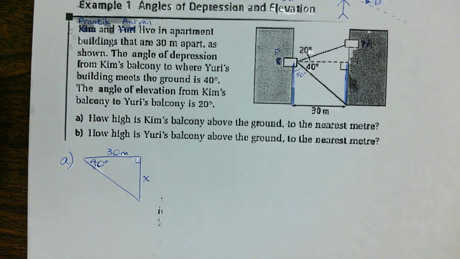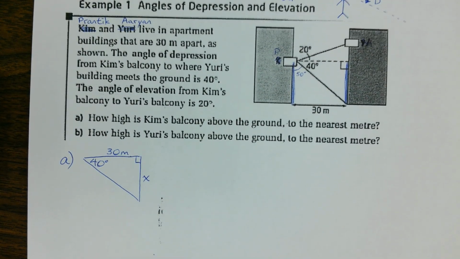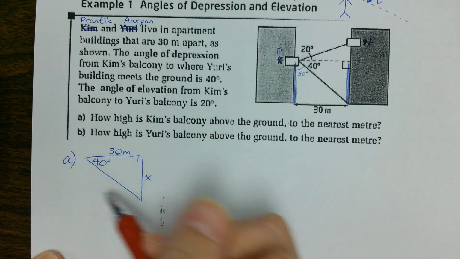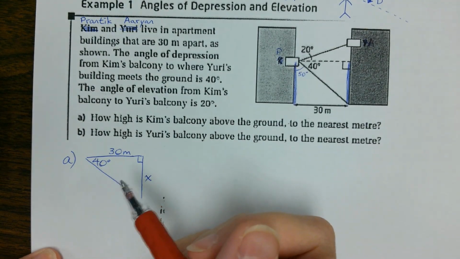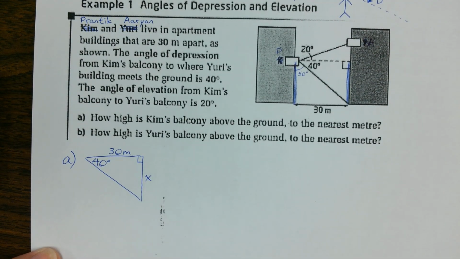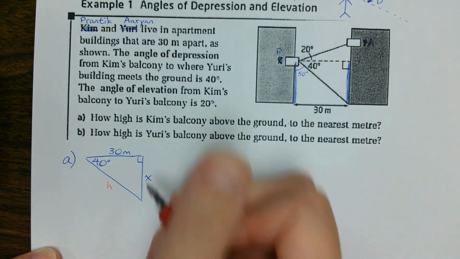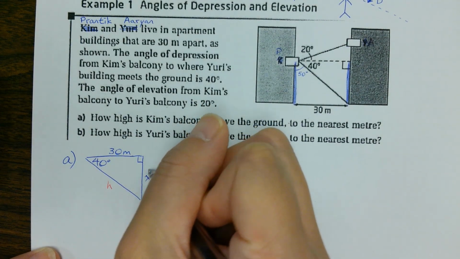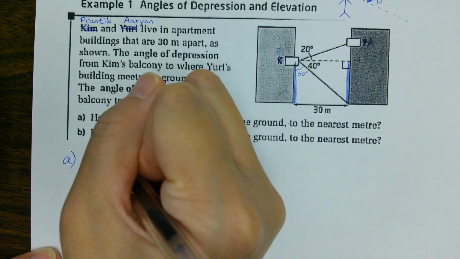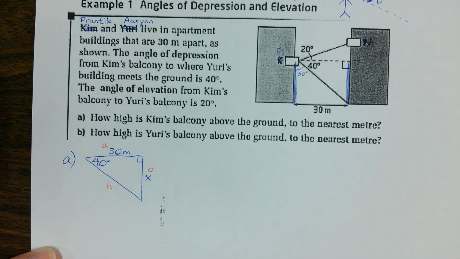So what's the first step in solving anything using SOHCAHTOA? What do I do with this diagram? Yeah, so this is hypotenuse, this is opposite, and this is adjacent. I'm given adjacent, I want to find opposite.